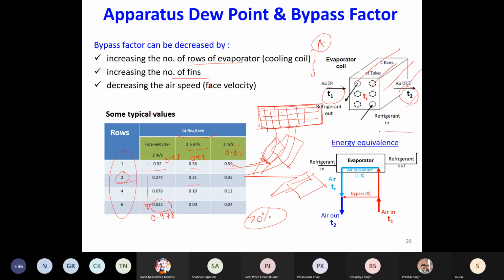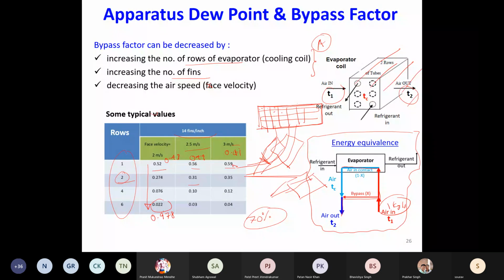So this figure just tells you the logic behind the industry defining a term called bypass factor. What they understand by bypass factor is, if you have 1 kg per second of air flowing into your evaporator, X fraction of it is completely bypassed and 1 minus X comes in complete contact with the evaporator.